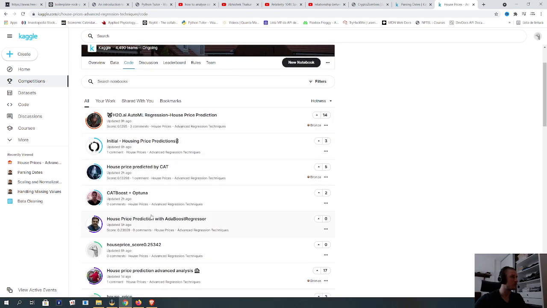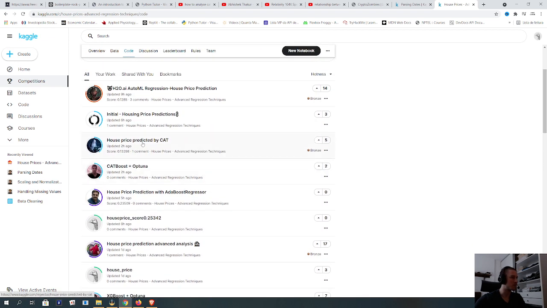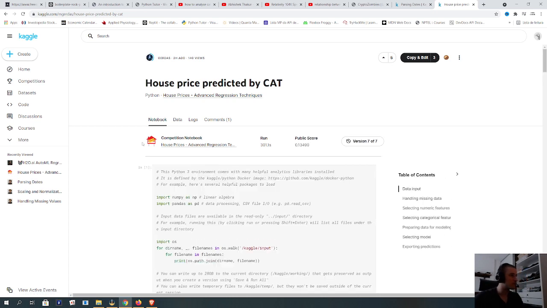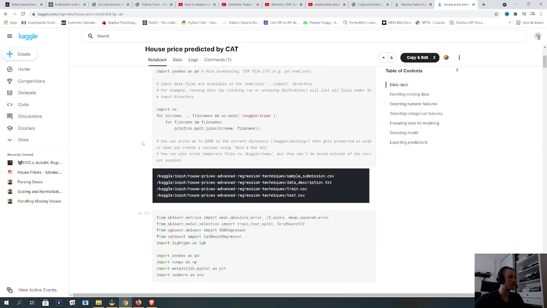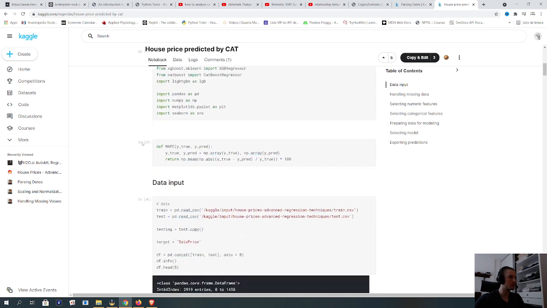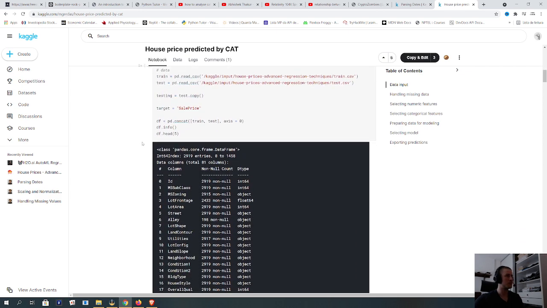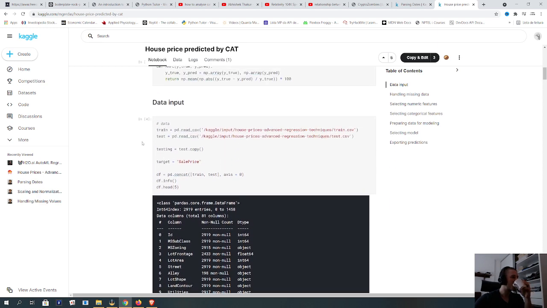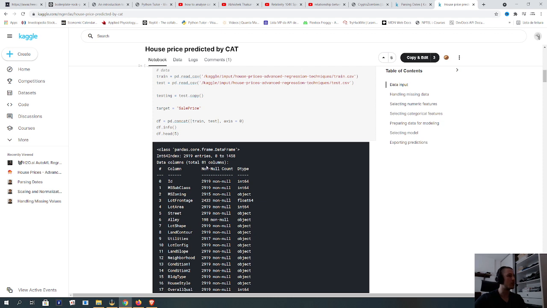This is, from my understanding now, the solutions from other people. I've looked at a couple of them, but there's 81 columns and close to 1500 rows.